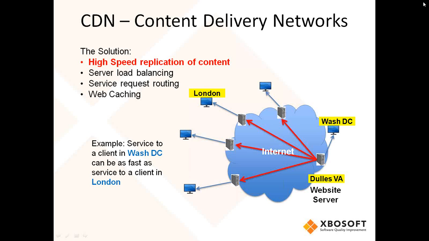And it's web caching, and when the DNS does server load balancing, the CDN takes all these things into account. So it looks for the server that can deliver the highest performance.